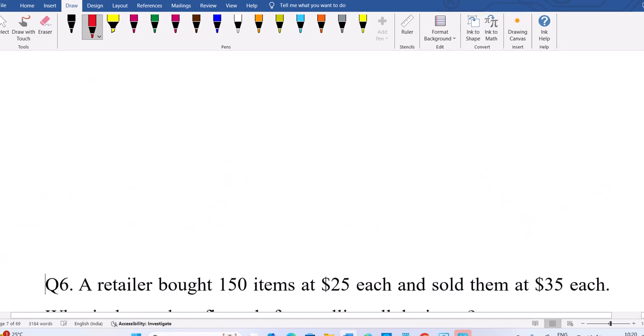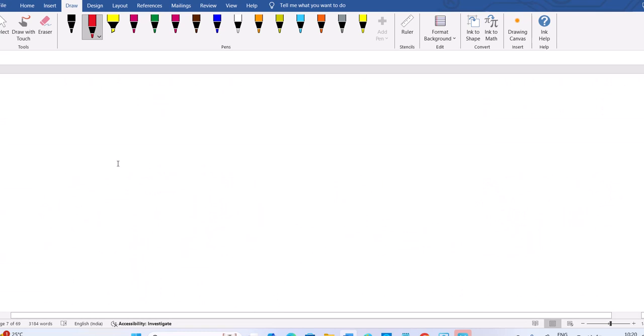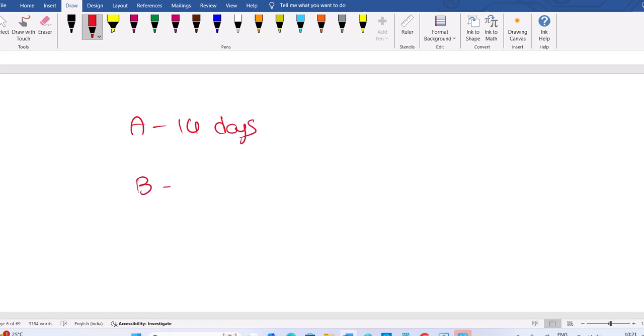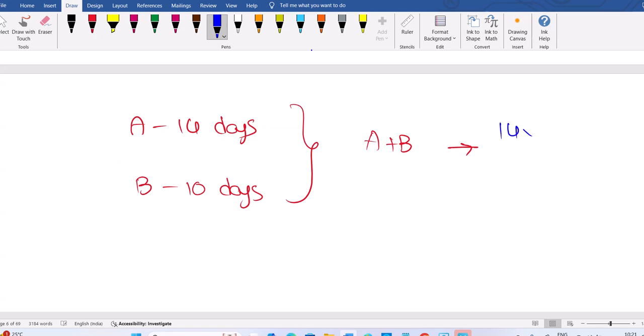Maybe I think the above one is a bit easier, but if you want to try another method: A alone is 14 days, B alone is 10 days. Now A and B together, how can you calculate? Alone given, together is asked. What is the shortcut? Product divided by summation.